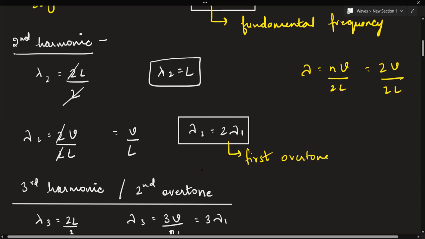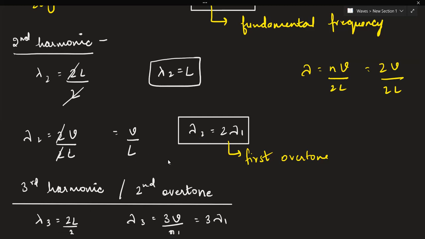If for the second harmonic we have the first overtone, then for the next higher one at n equals to 3, the third harmonic, which overtone should we have? Second. Then for the fourth harmonic, which overtone will we have? Third. Okay, because it starts from the second harmonic, where we get the first overtone, whose value is twice the fundamental frequency.